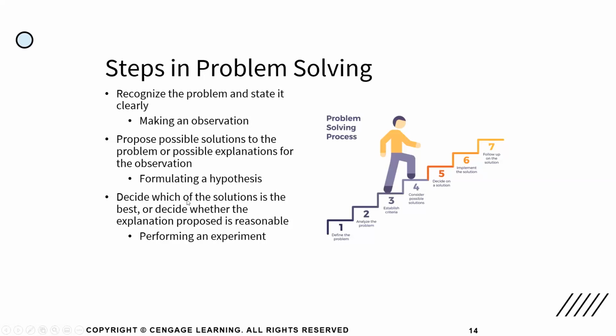After that, you decide which of the solutions is the best, or decide whether the explanation that you proposed is the best. How? By performing an experiment. The results of this experiment will tell you if your hypothesis was good or not. And then if it is false, you have to redo your hypothesis until you get the right answer.